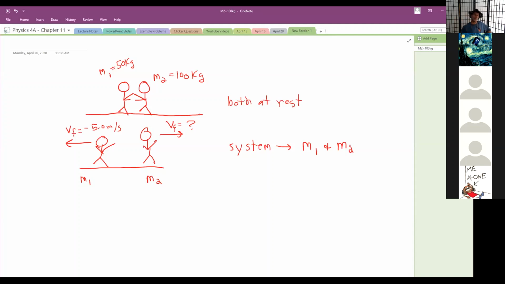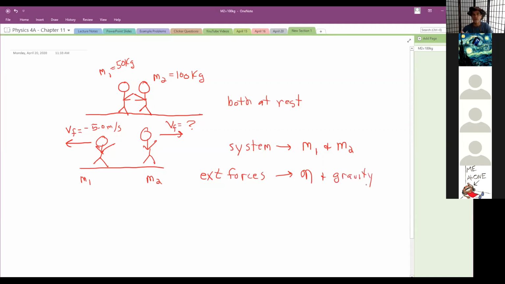The forces they exert on each other are internal forces. Gravity is an external force, and the normal force is an external force. So the external forces on the system are basically the normal force on each and gravity.